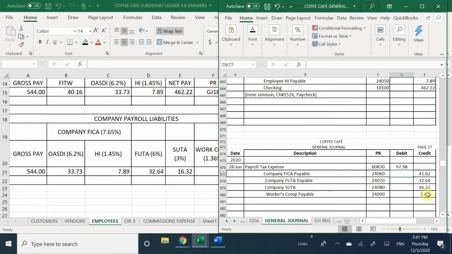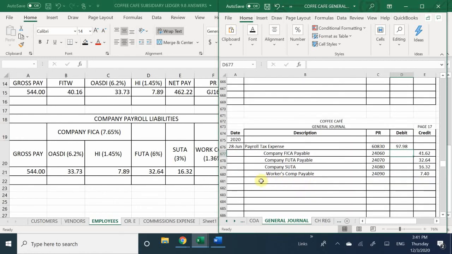And then our note would again just reflect Irene Jameson, right? Correct, because this is her specific one, based on her paycheck. So you're going to have to calculate this individually for Irene because she is a separate employee, so she has different withholdings.